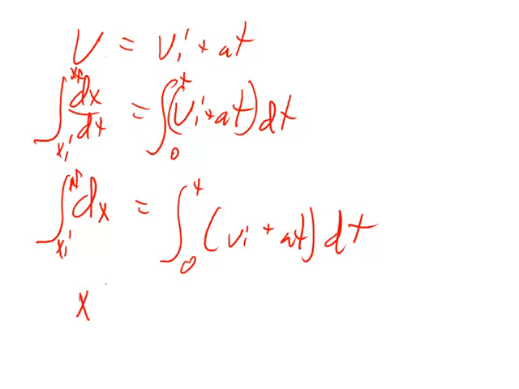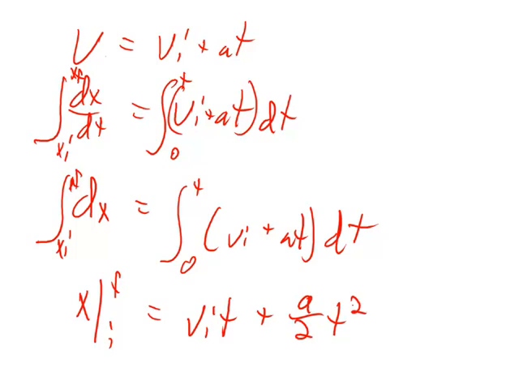Then it becomes x final minus x initial is equal to, alright, VI, let's see, I don't leave a step out. Yeah, VI t plus A over 2 t squared, right?